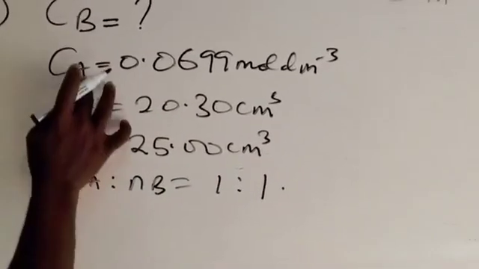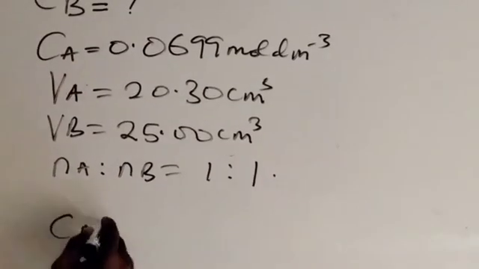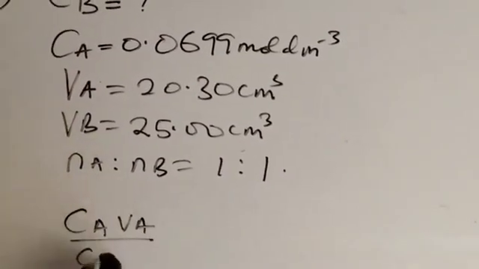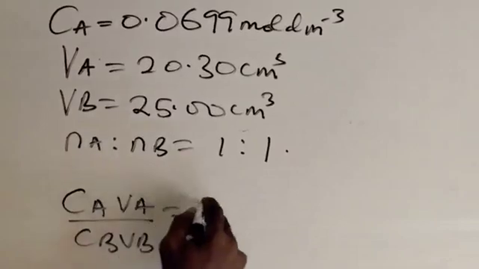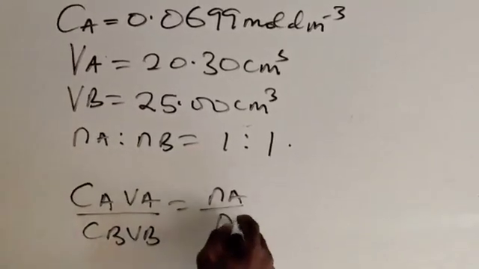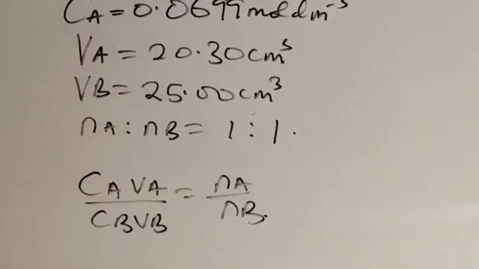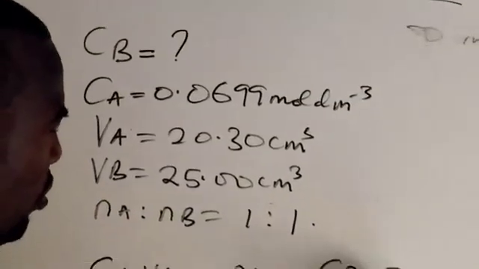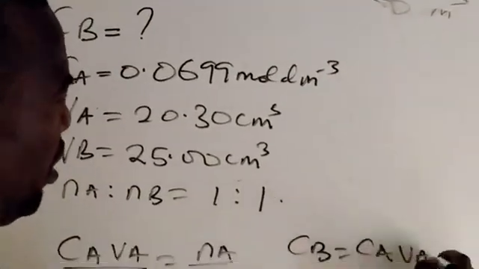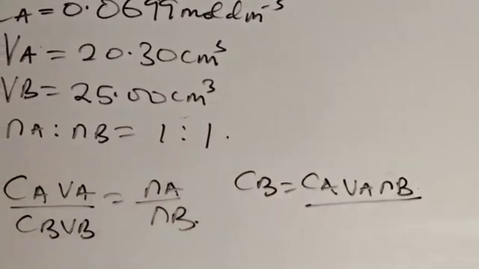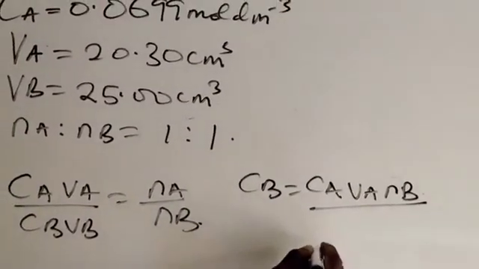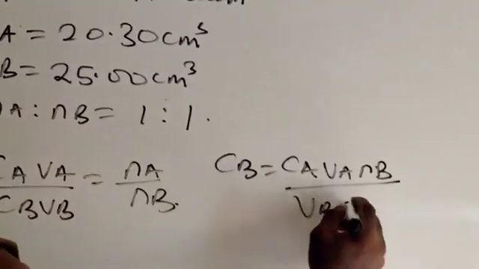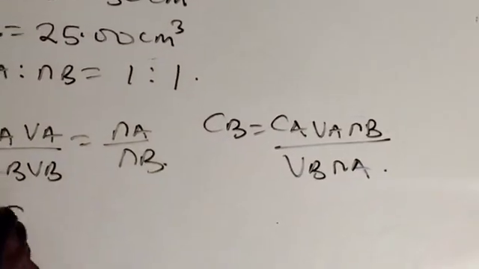So since you know your CA, you apply the titration formula CAVA over CBVB equals NA over NB. You make CB the subject of the formula. CB becomes equal to CAVANB over VB times NA.